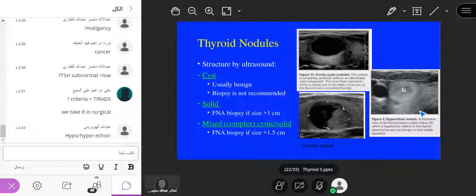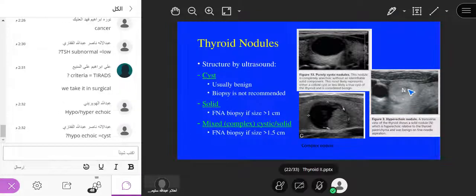Hyperechoic, that's by the ultrasound. The hypoechoic, this is hyper. The hypoechoic is a color between black and the hyper. So maybe let's show you something. This is isoechoic: the echo coming from the ultrasound, and the nodule is the same color as the thyroid tissue.